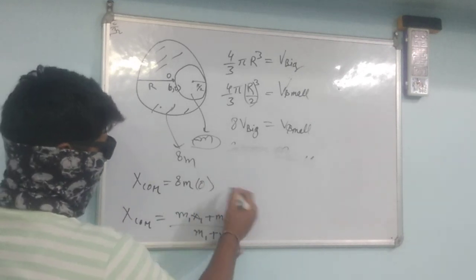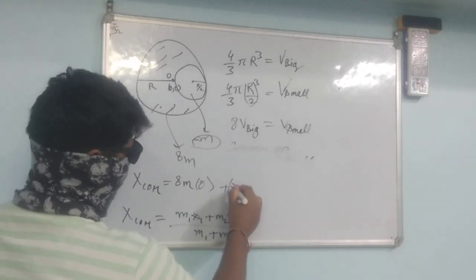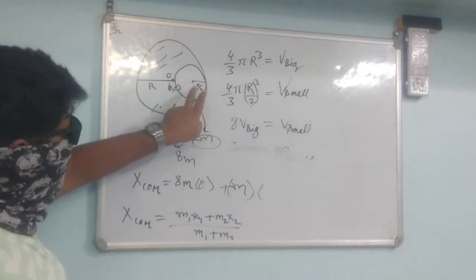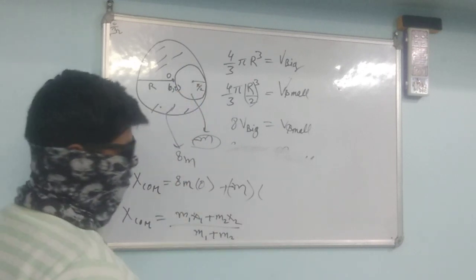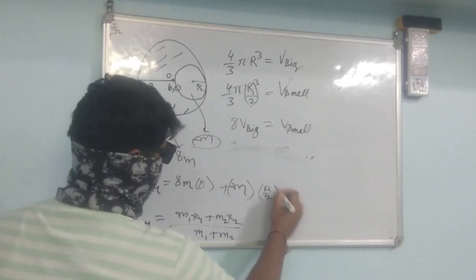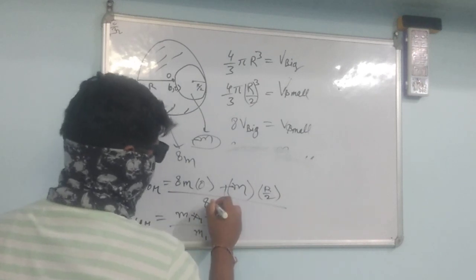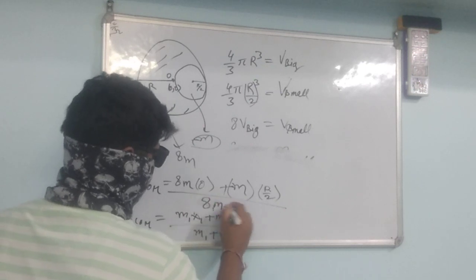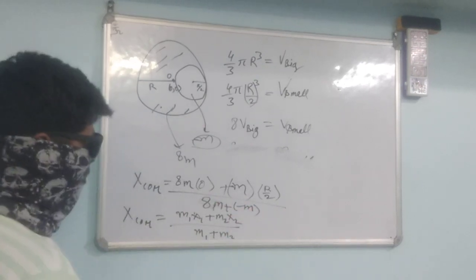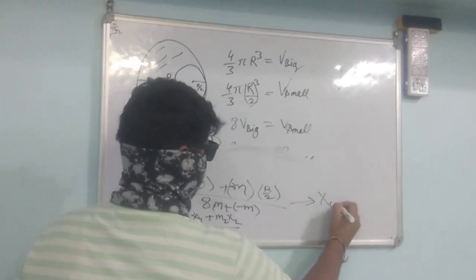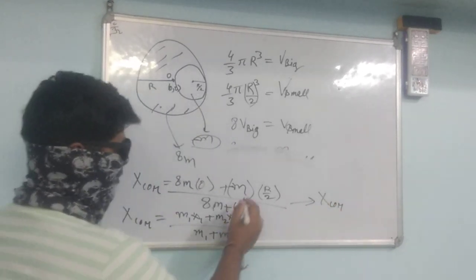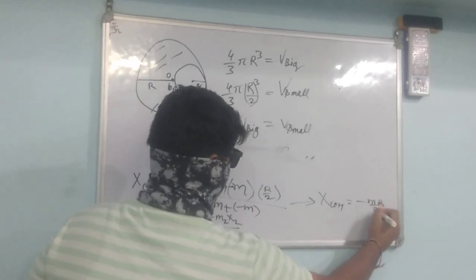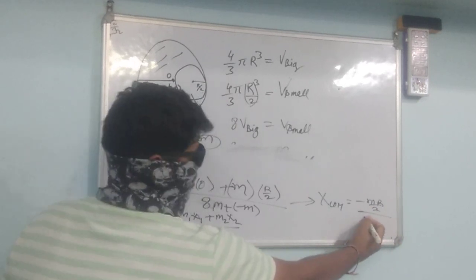So 0 plus minus m into the center of mass of the cavity, which would be at r by 2 distance, meaning the x coordinate should be r by 2, on the total mass. So we will get x center of mass from here. This is equal to minus m r by 2 upon 7m.